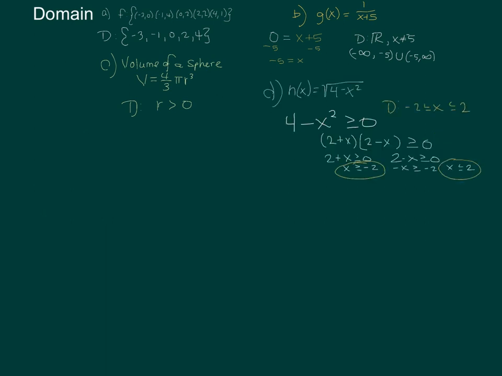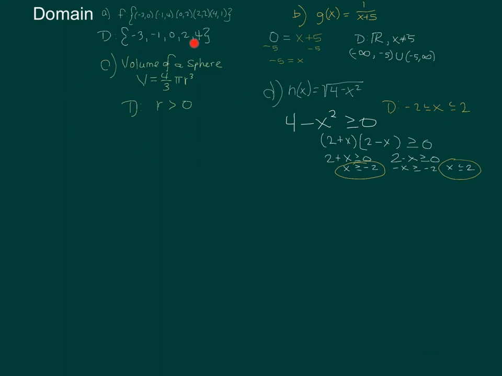So let's just reiterate. When we've got a list of ordered pairs, our domain is just the x values. When we've got an equation or a function with a variable in the denominator, my domain is every real number except the numbers that make the denominator 0. So I set the denominator equal to 0, solve the equation, and I find the excluded numbers.